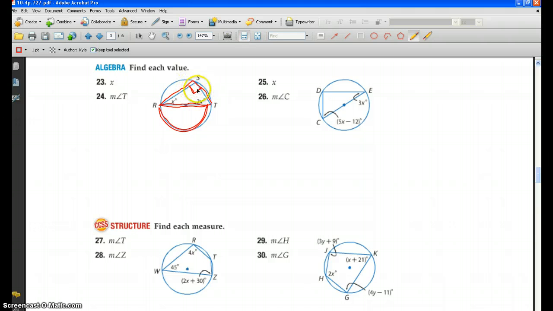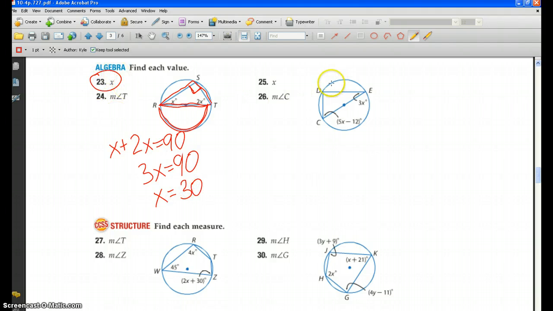So if that's 90 degrees, then these two angles must add up to 90 because we have a right triangle. So x plus 2x is equal to 90. 3x is equal to 90. Combining like terms and dividing by 3, we get x is equal to 30, which is our answer for 23.